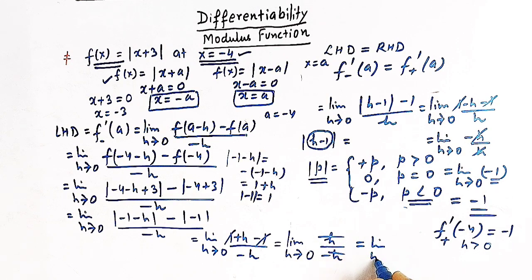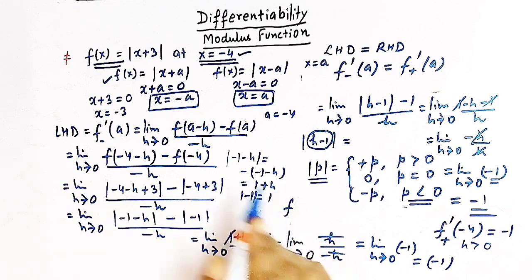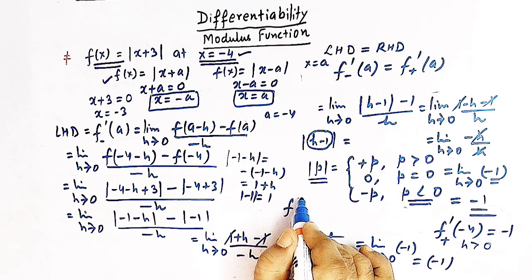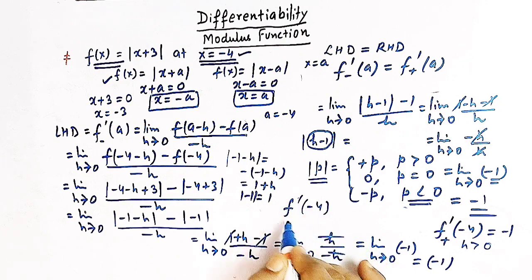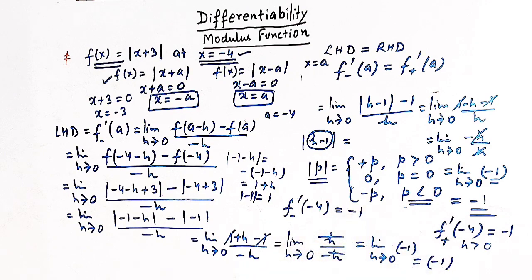So we have limit h tends to 0 of minus 1, that is minus 1. So the left hand derivative of this function at this point, that is f prime of minus 4, here we write a negative sign, and this is equal to minus 1, right?